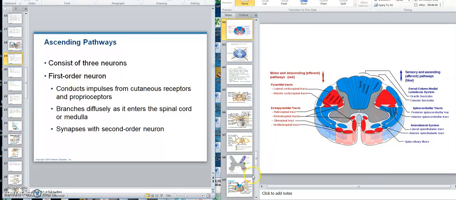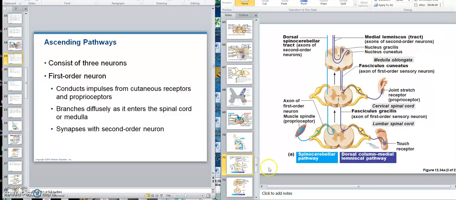A first order neuron, now let's see if we can't pull something up here. First order neuron conducts impulses from the cutaneous receptors and proprioceptors. Proprioceptors are how your body is positioned in space. So I come in, okay, branches as it enters the spinal cord, okay. Synapses with a second order neuron.